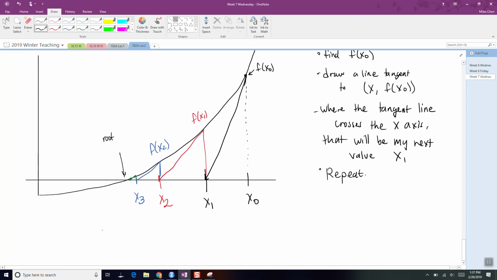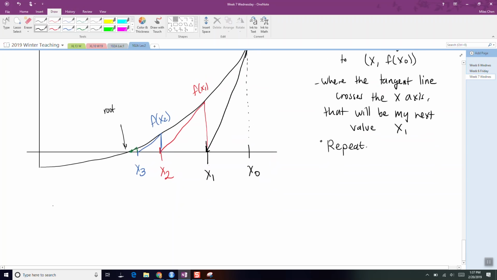Okay, so basically, what I need to know is where is the next value going to be? Okay, so if I just write this as the next value, xn plus 1, is equal to xn. What is it in relationship to our current value? So if x0 is right here on the line, how did I get over here? I'm going to just subtract off. I'm going to label this triangle.